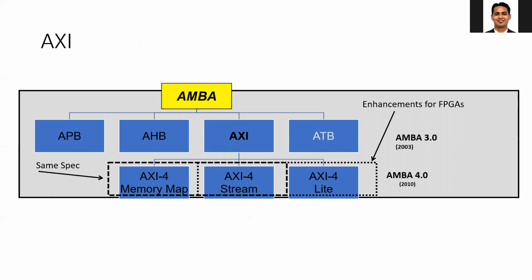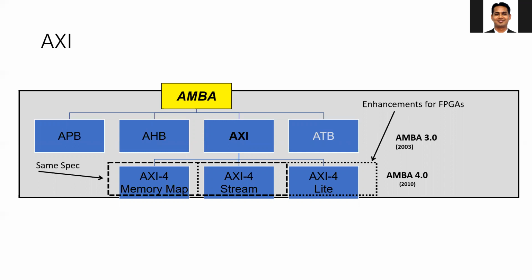Inside AMBA, AXI is one protocol, but you have additional protocols such as APB, the Advanced Peripheral Bus Interface, AHB, the Advanced High Performance Bus Interface, and ATB, the Advanced Trace Bus. In AXI, we are going to study three subtypes: AXI4 memory mapped, AXI4 stream, and AXI4 Lite.